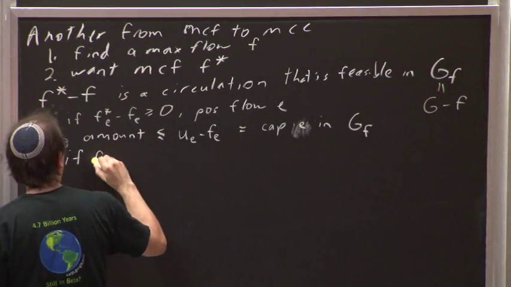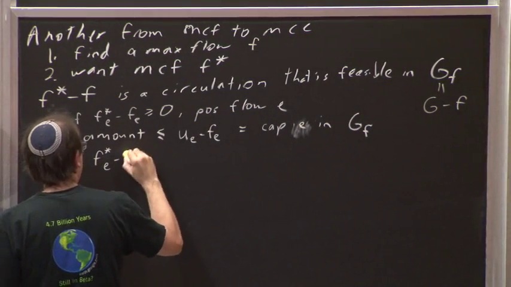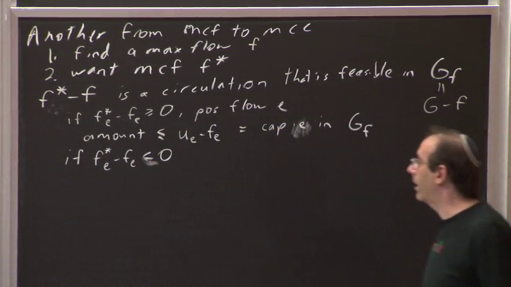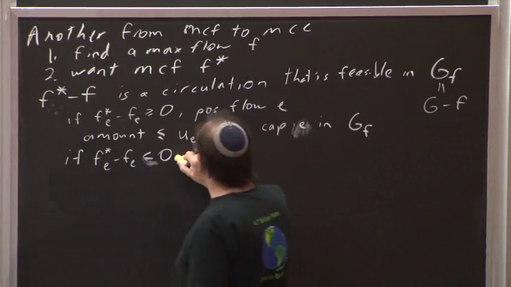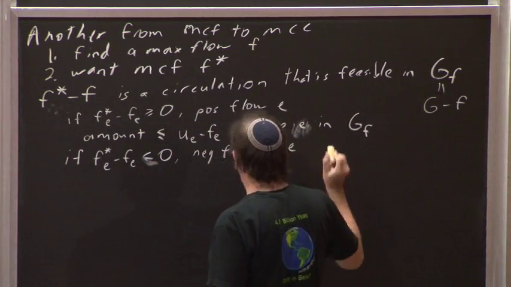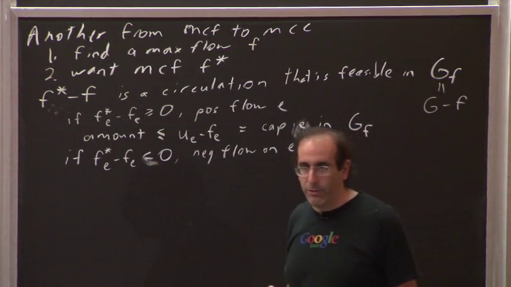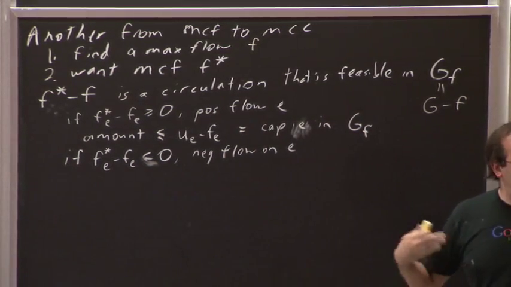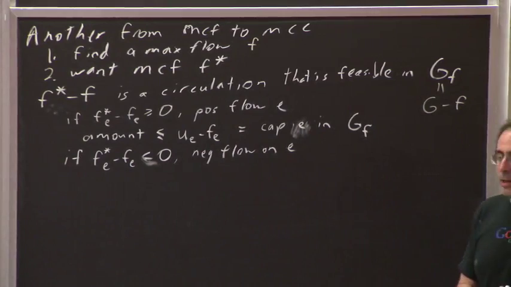If f star e minus f e is less than 0, that implies a negative flow on e, but we really didn't like talking about negative flows. So what is the meaning of this if f star e minus f e is less than 0?